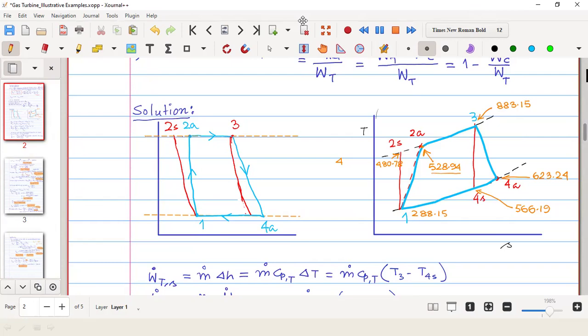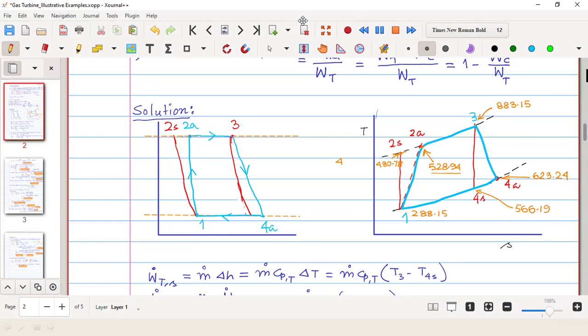Therefore, the heat addition here is saved, because the temperature is 528 instead of 480. About 48 degrees of temperature rise is already there. Therefore, this amount of temperature rise is saved in the combustion process.